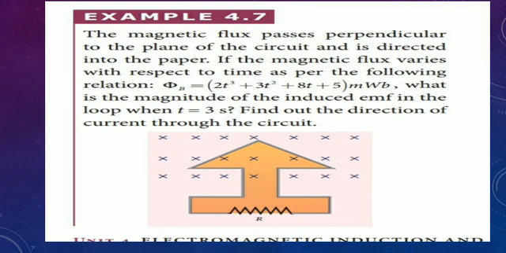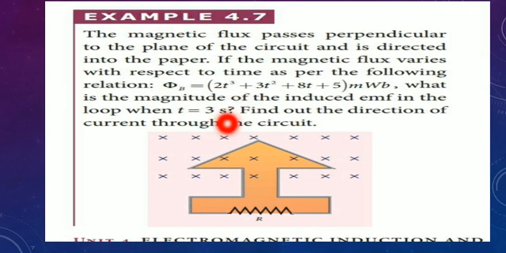If the magnetic flux varies with respect to time by the relation phi B equal to 2t cube plus 3t square plus 8t plus 5 milliweber, what is the magnitude of the induced EMF in the loop when t is equal to 3 s?